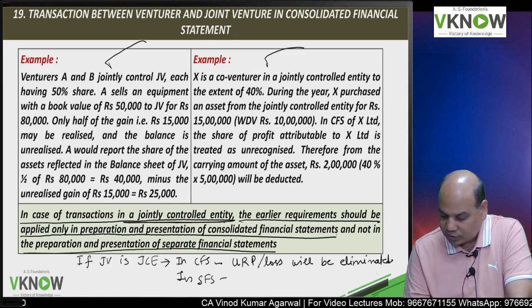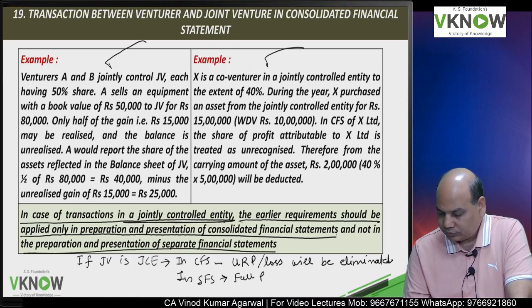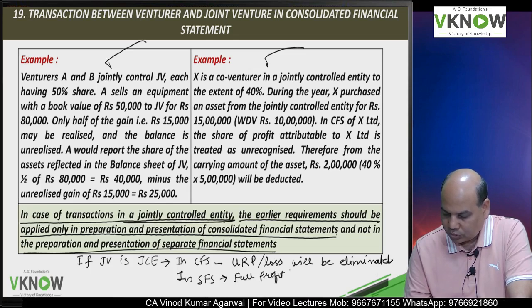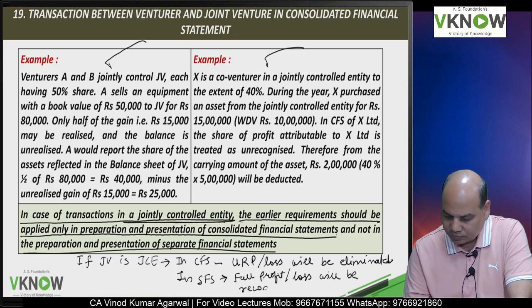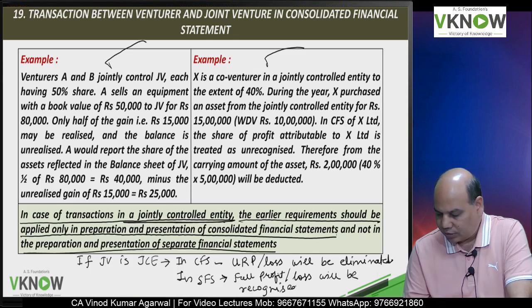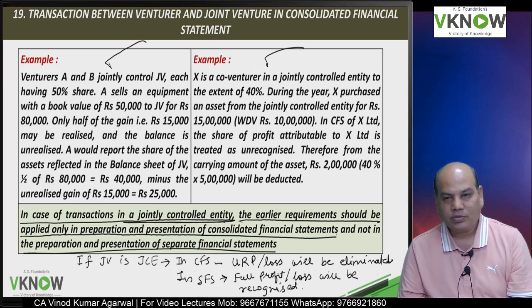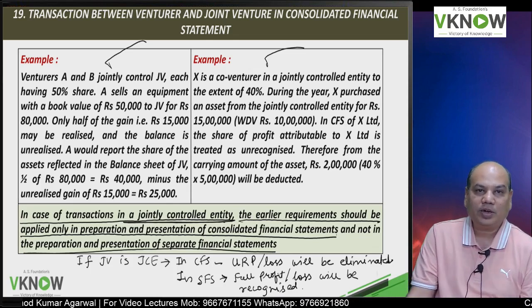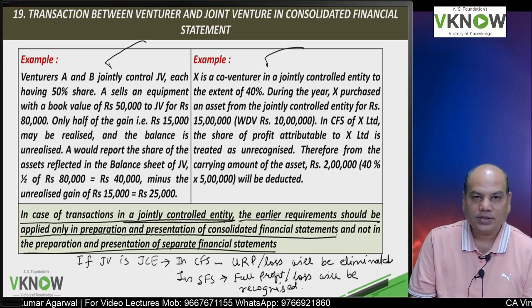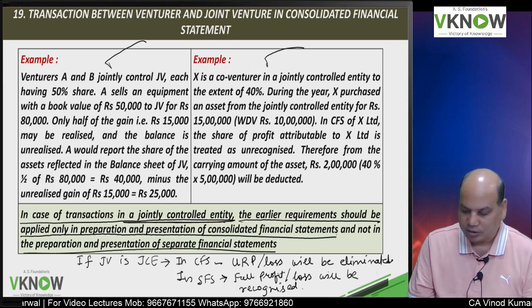However, in SFS, full profit or full loss will be recognized. If it is jointly controlled entity, then the elimination of unrealized profit or loss will be done in CFS. In separate financial statement, full profit or loss will be recognized.